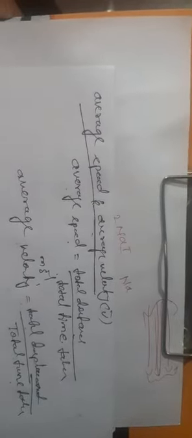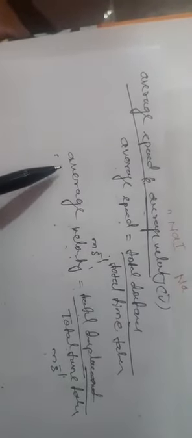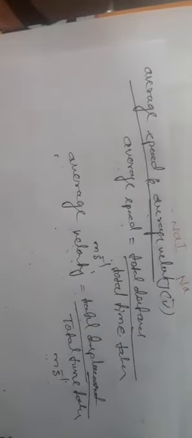The SI unit of average velocity is meter second inverse. That is the concept of the definitions of average speed and average velocity.